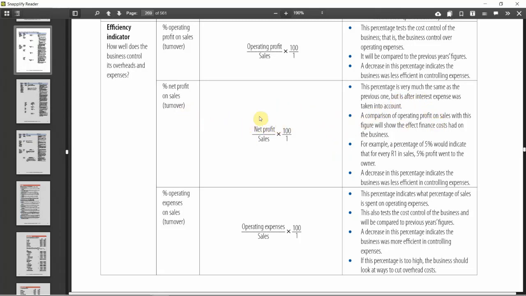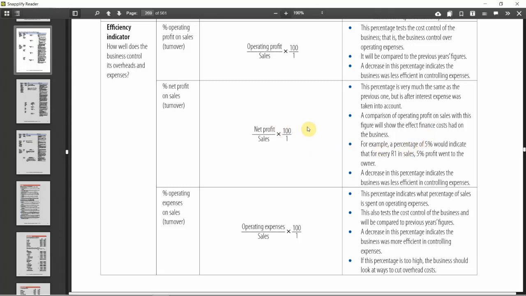So this is very much the same as the previous one. The only difference is that net profit also takes into consideration finance costs. It includes interest expense, whereas operating profit is only about the main operations of the business excluding finance.